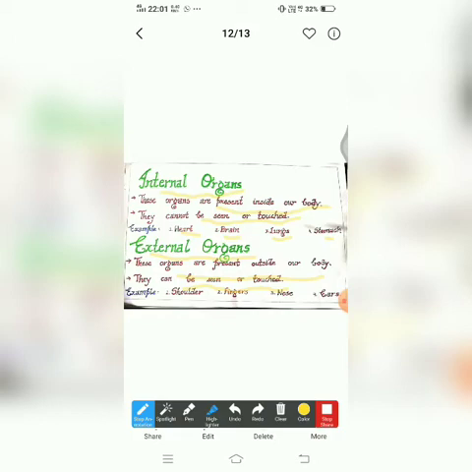Let us look at the examples. Example: shoulder, fingers, nose, ears. All these are examples of external organs. Tell me, children, when you stand in front of the mirror, could you see your shoulders? Come on, everyone, touch your shoulders. You can touch them and you can see them.